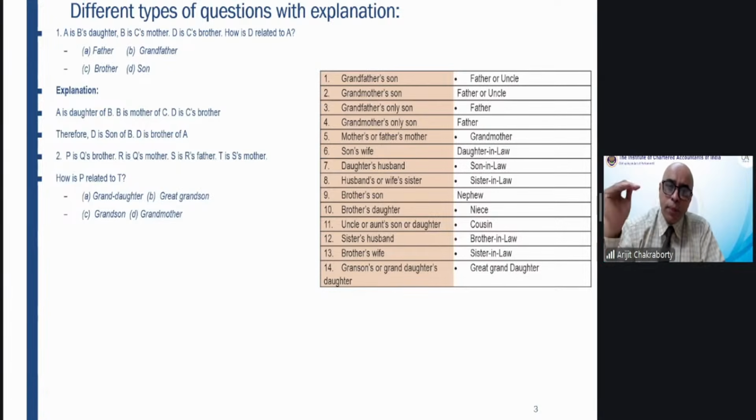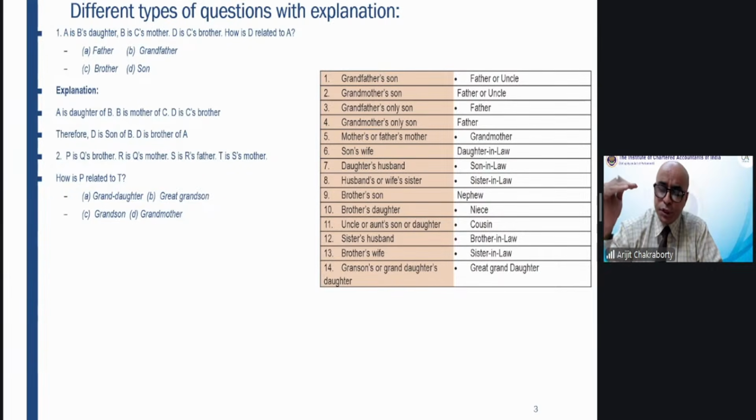So T is the mother of S, T is female, S is the son of T, that means S is male, and below S we have R. R is the daughter of S. R is female, and R has two children, that is P and Q. So first level is P and Q, above them you have R, then you have S, and finally at the topmost level you have T.